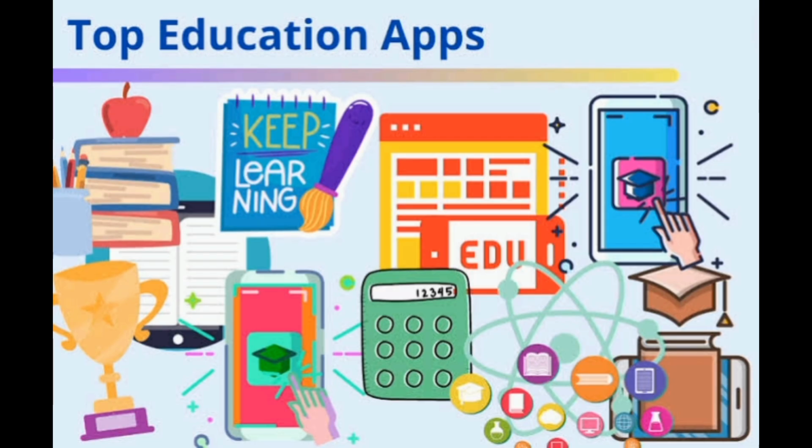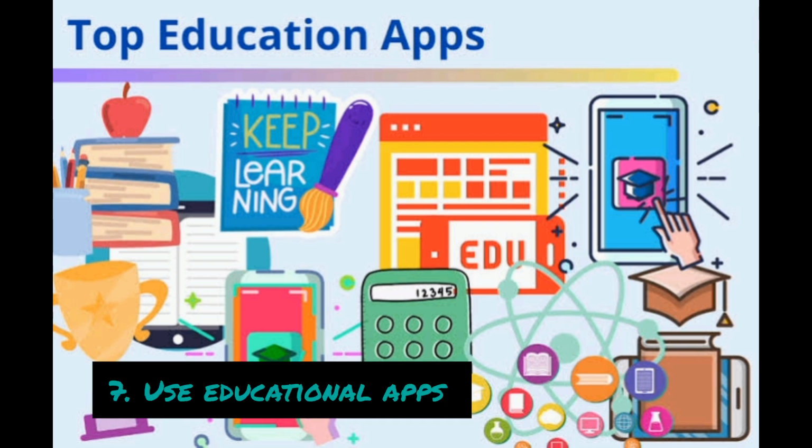The final point I'm going to talk about today is the use of technology. Now, thank God for the internet. There are so many educational apps online, so many interesting apps that are children friendly. Use these apps to encourage this child or that slow learner to learn.